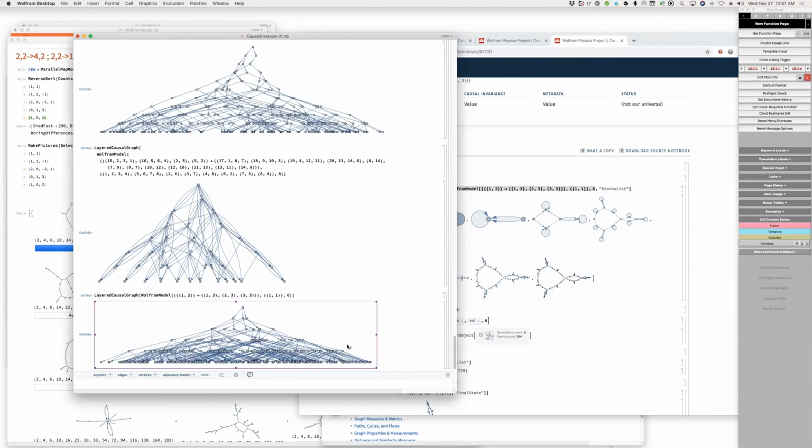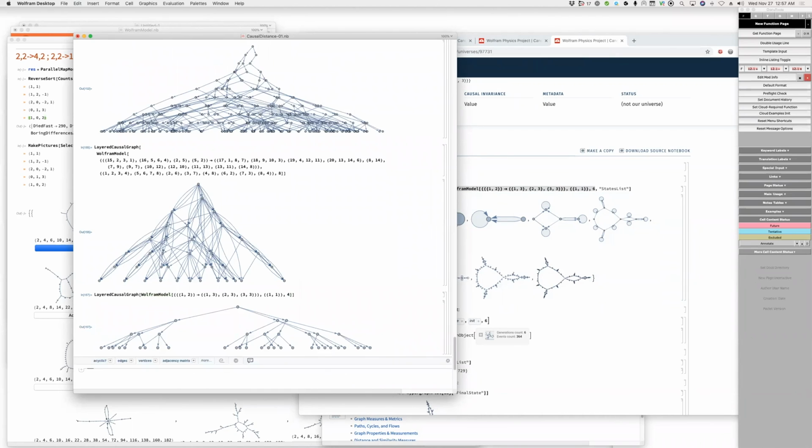Yeah, it is tree-like. I wish we could untangle these trees. We might need some special thing to untangle the trees.